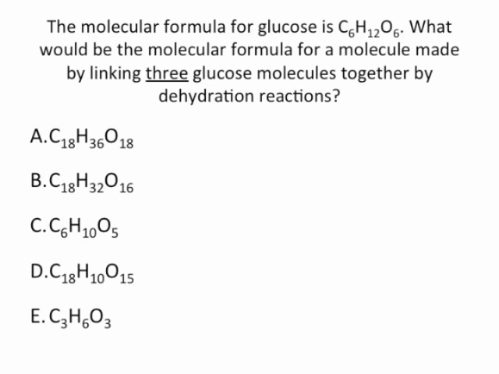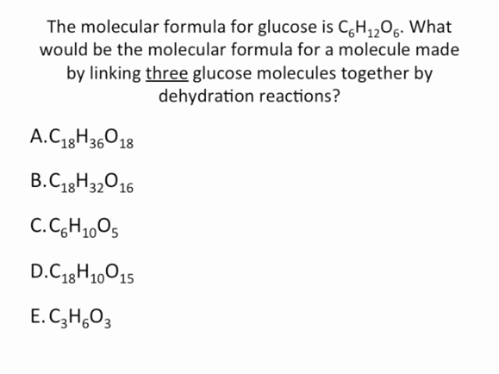So if you just multiply it all by 3, you get C18H36O18, right? But what does a dehydration reaction do? It removes water. So here are 3 glucose molecules. They have other parts to them, but I didn't draw them all. In order to link these 2 together, I need to remove H2O.